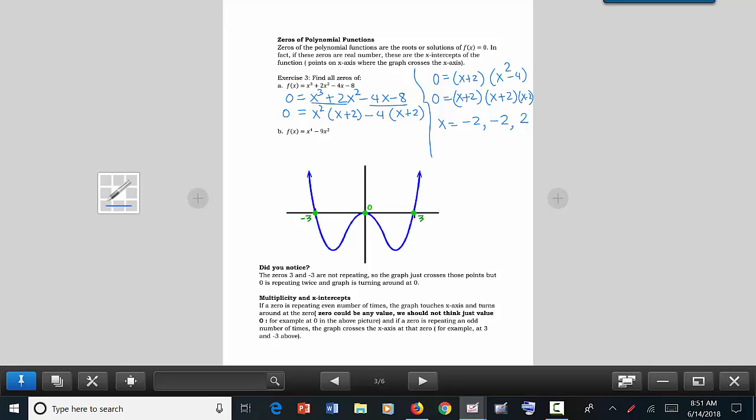It is x-intercepts also. Number B. 0 equals x to the power 4 minus 9x squared. Is there anything we can factor out? X squared we can factor out. We are left with x squared minus 9.